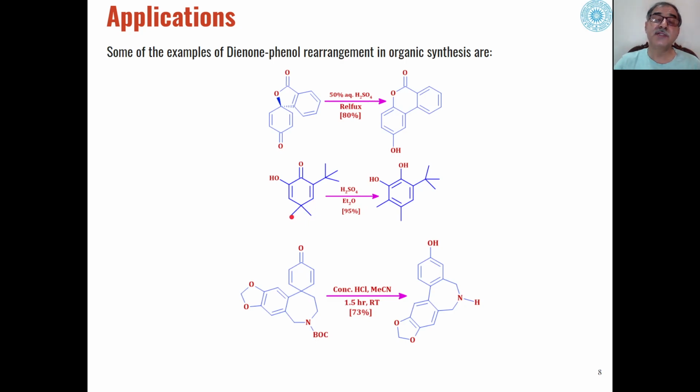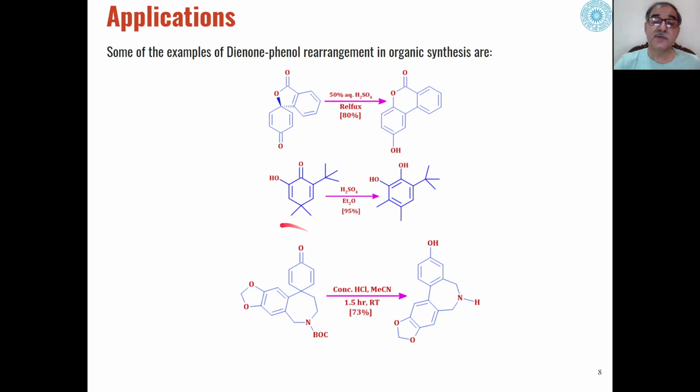So instead, migration of this methyl to this carbon will take place, and we will get these types of abnormal products. Because normally, when an electron-releasing group is present, the migration of the alkyl group or any other substituent takes place opposite to this hydroxyl, but not at the adjacent carbon. But because of the presence of this sterically hindered group, the migration of the substituent takes place adjacent to the electron-releasing group, that is hydroxyl.